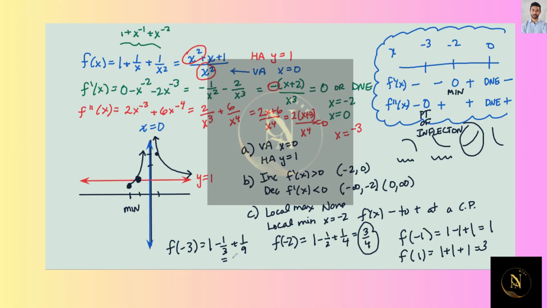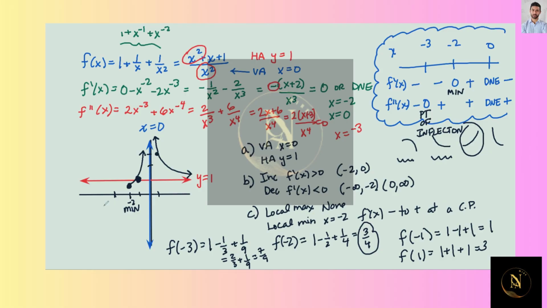So that is 2/3 plus 1/9. Okay, so that makes it 6/9 plus 1/9, so 7/9. So 7/9 is the point of inflection that occurs at -3.